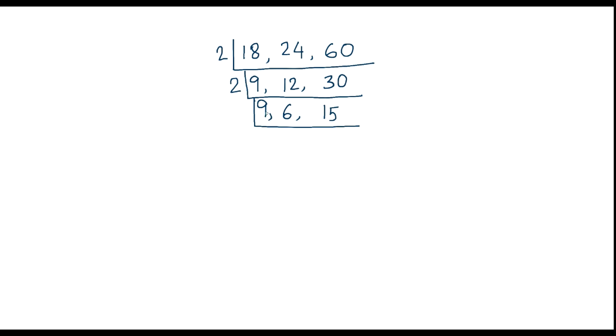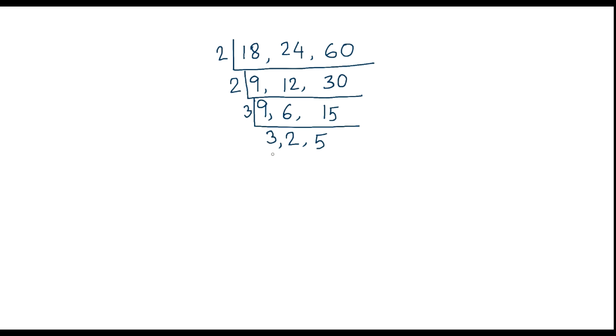Let's try with 3. 9 can be divided by 3. 15 can be divided by 3. 6 also can be divided by 3. So I can take 3. Then I have 3 here and I have 2 here and 5. Next, I can divide 2 with 2 but no other number.